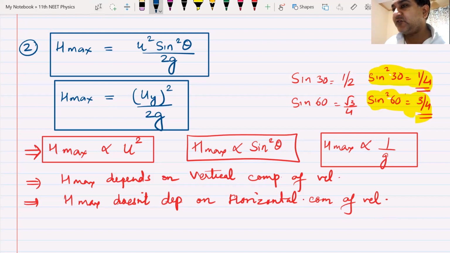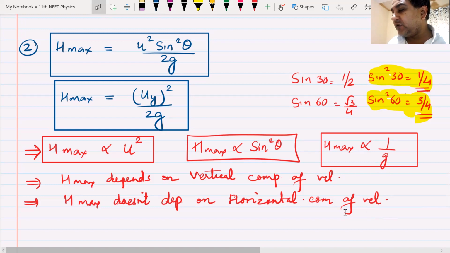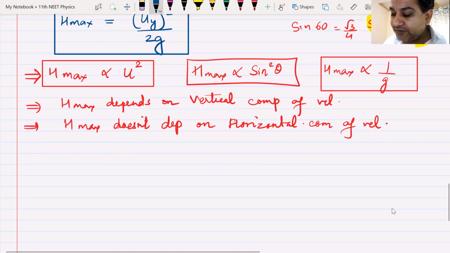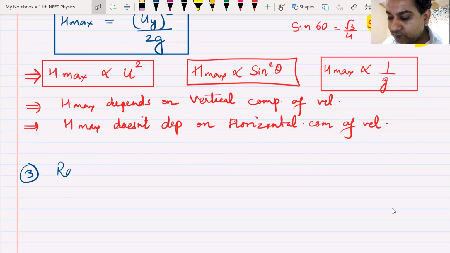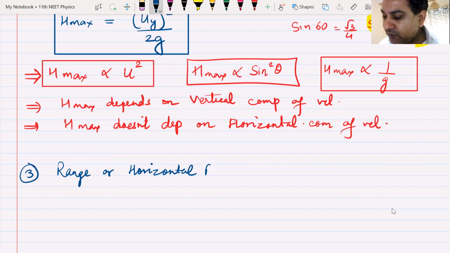Number 3 was range. Some people also call it horizontal range, denoted by the letter R.